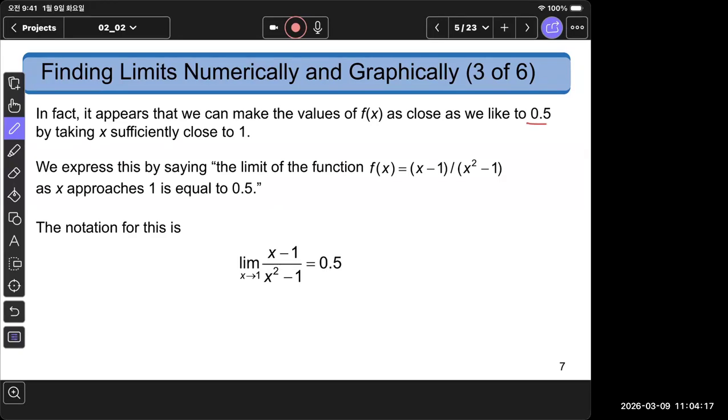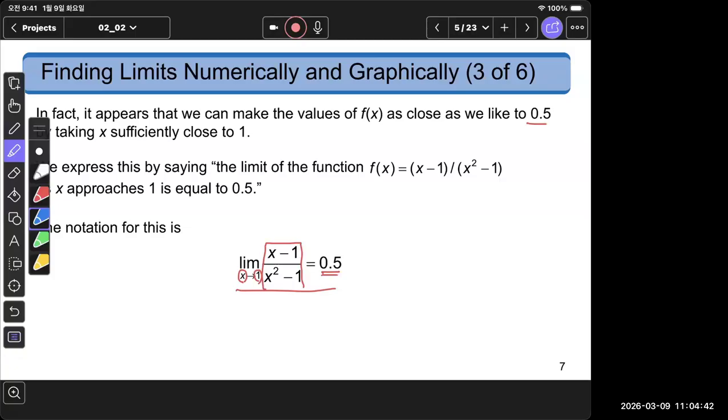For that situation, we use this notation. This notation means as x approaches the value 1, the function value seems to approach 1/2.